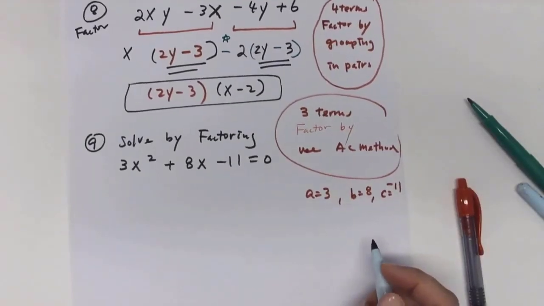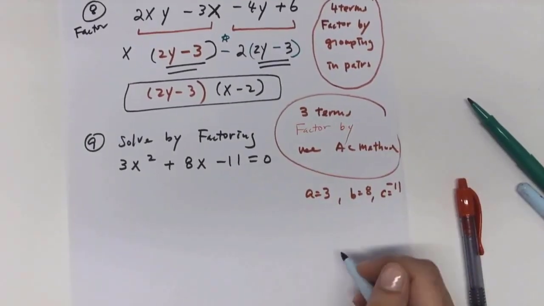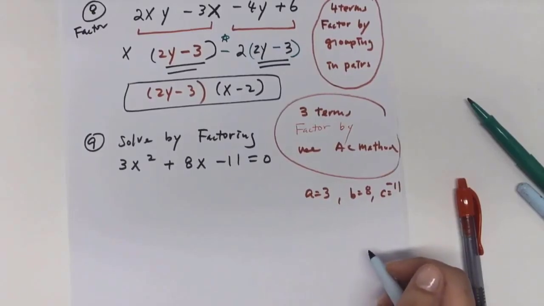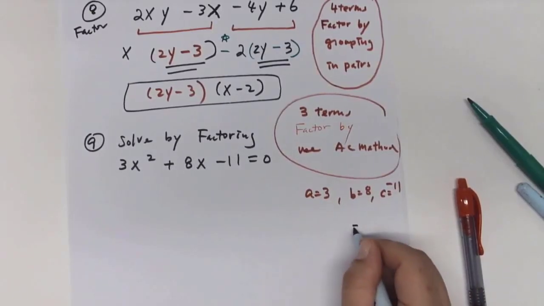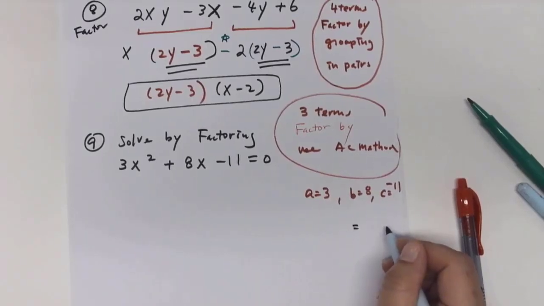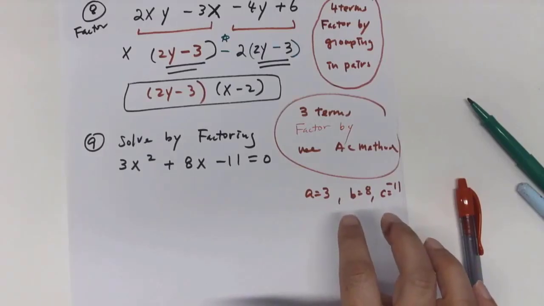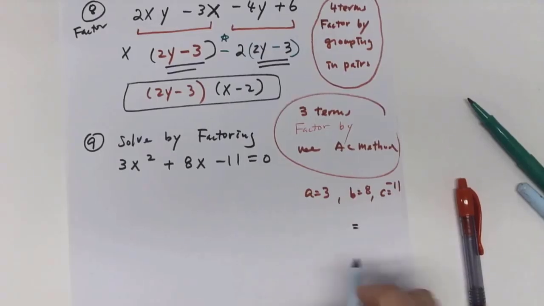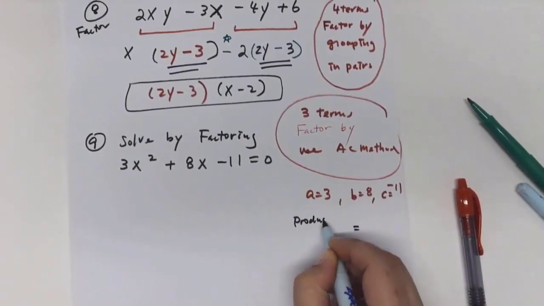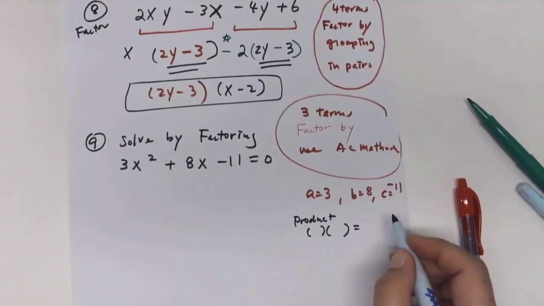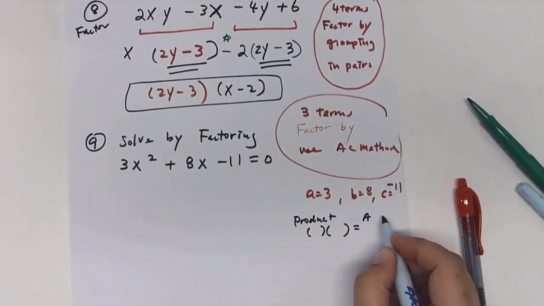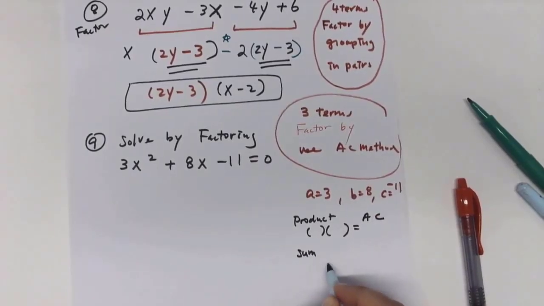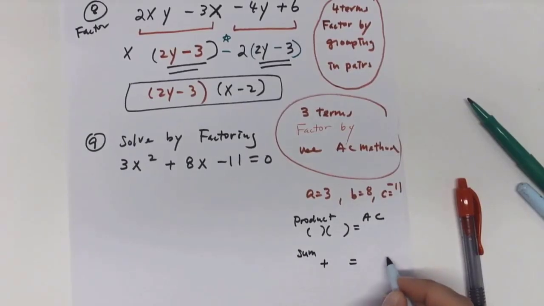When they multiply together, that product equals what? A times C. When they add together, the sum equals.